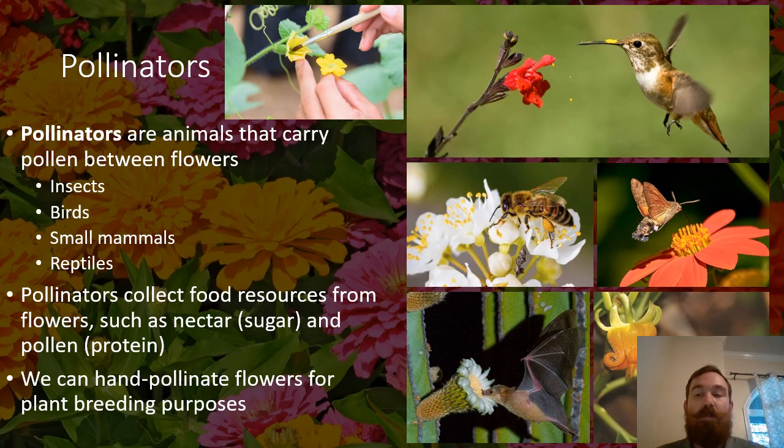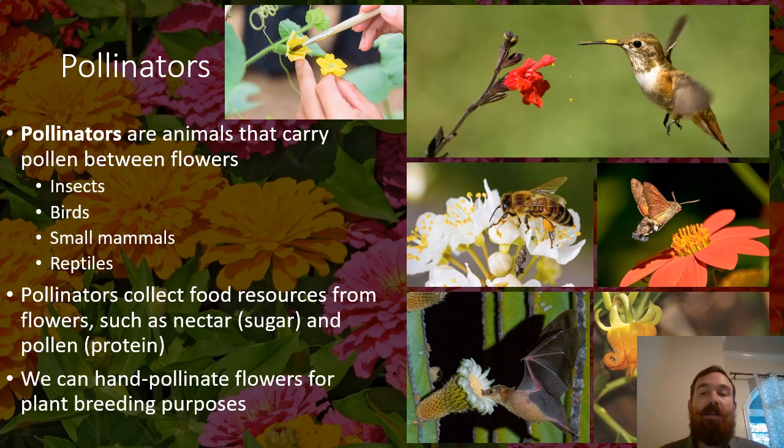All the bee or butterfly or hummingbird is trying to do is get a meal. A hummingbird is visiting flowers primarily to drink nectar, which is sugar. Bees are visiting flowers to drink the nectar for energy and also collect pollen as a protein source to feed to their bee larvae in their hive. Bats are consuming mostly the nectar because it's rich in sugars that they can use to fuel their flight.